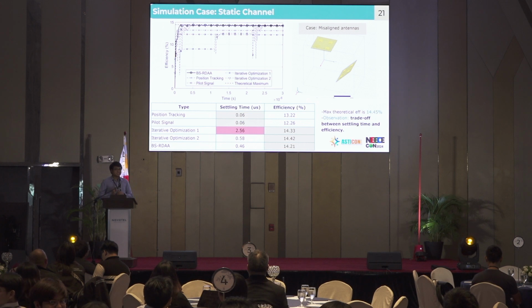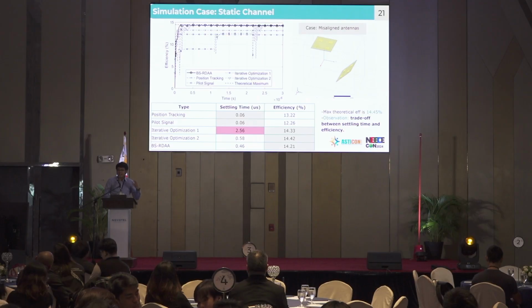First, we simulated the case where the channel is not moving, but the antennas are misaligned, and measured the settling time and the steady state efficiency of each of the different types of beamforming techniques. As I've asserted earlier, the position tracking type and the pilot signal or beam training type can settle very fast, at 0.06 microseconds in this case.